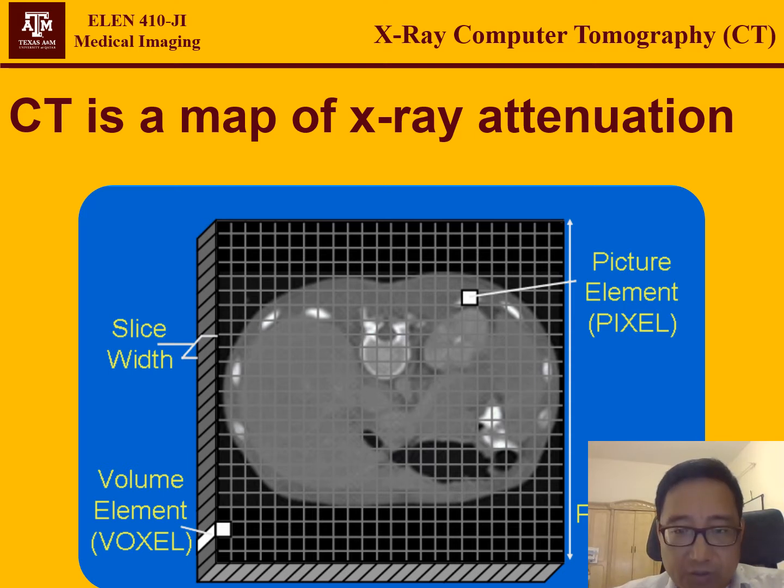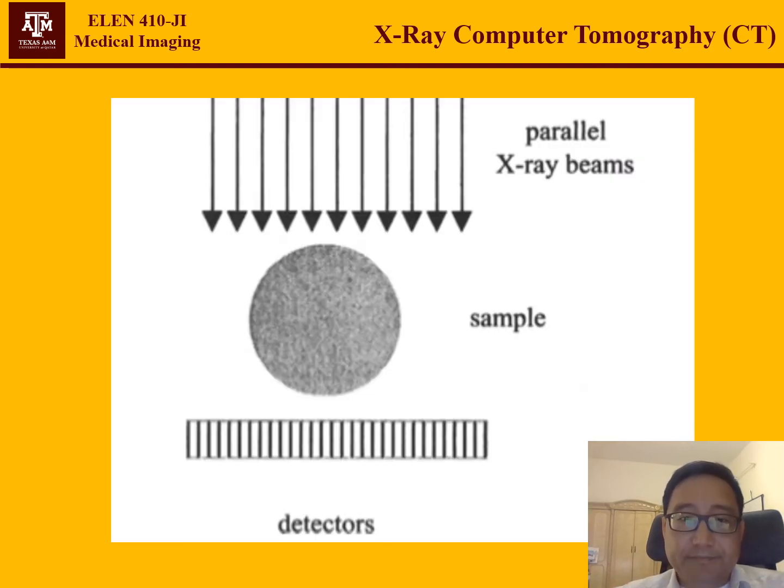Each dot is called a picture element, or pixel. So the bright dots, like the bones, have a high X-ray attenuation, and the dark parts, like the air or the gray part of muscle, have less X-ray attenuation.